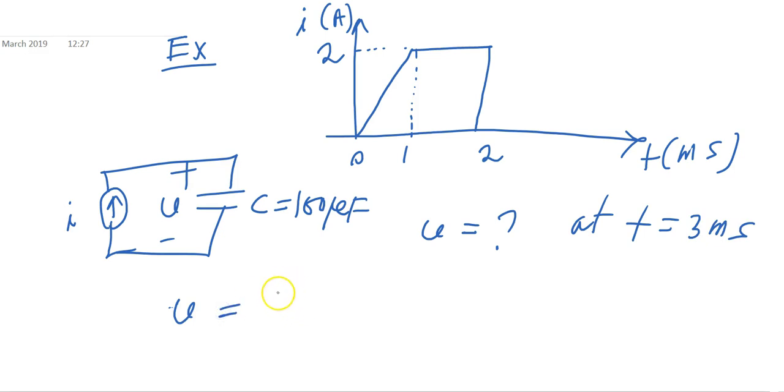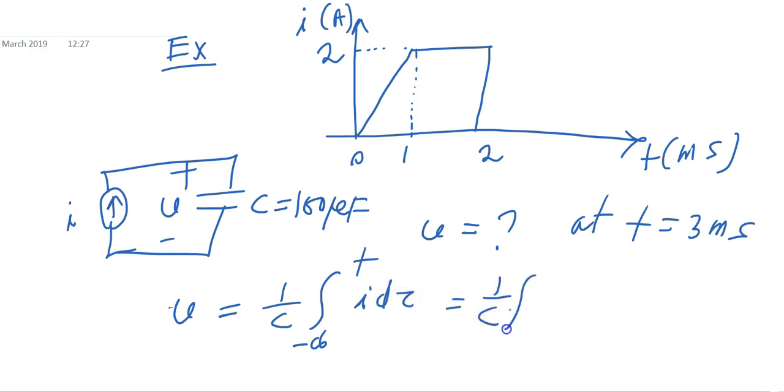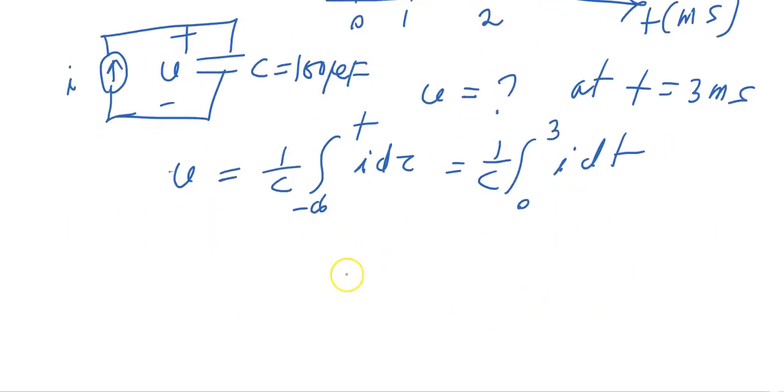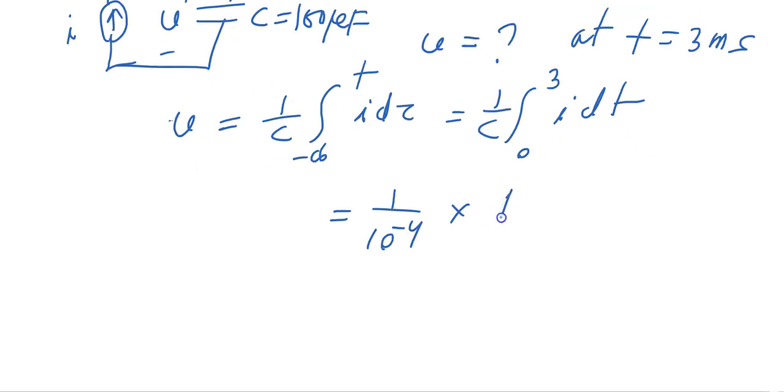So V equal to 1/C times the integration from minus infinity to t of I d tau. So here, 1/C, integrating from 0 to 3 because we want 3 millisecond, which is 1 over 10 to the power minus 4, into the area under the current curve.